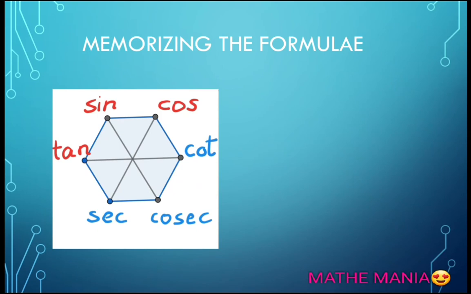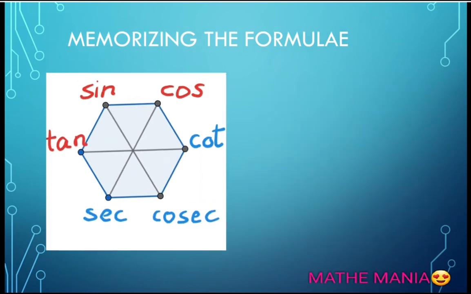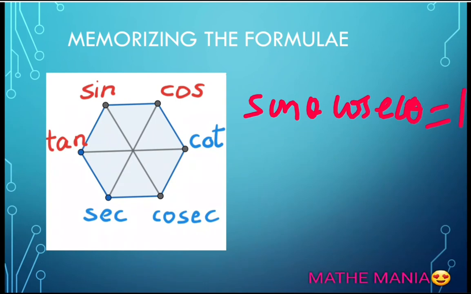In the same way, if I move in the anti-clockwise direction, I get some more formulae like cot theta is equal to cos upon sine, cos theta is equal to sine upon tan, etc. Apart from this, we have other formulae like if we multiply the opposite ends, we get sine theta cosecant theta is equal to 1. Tan theta cot theta is equal to 1, etc.